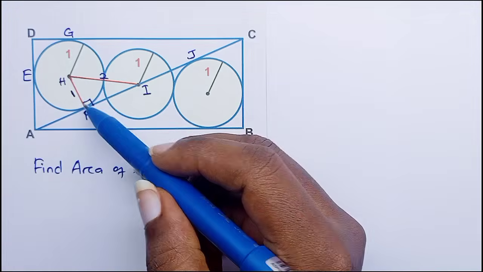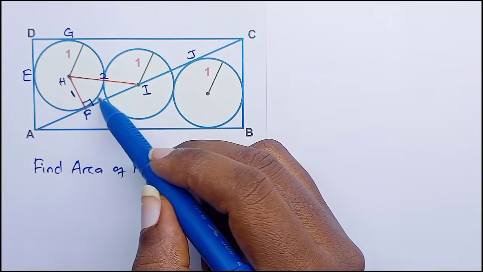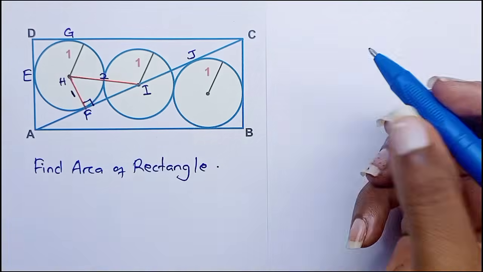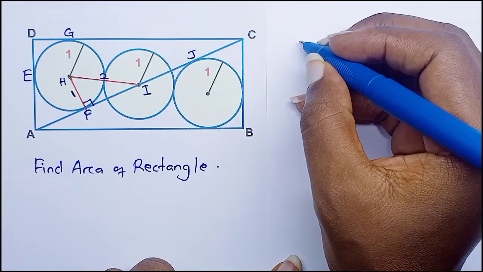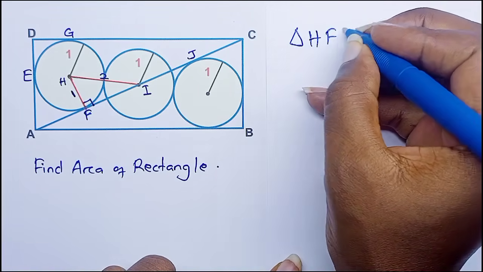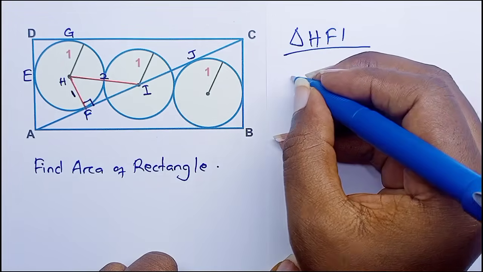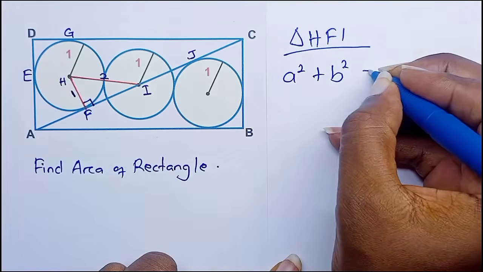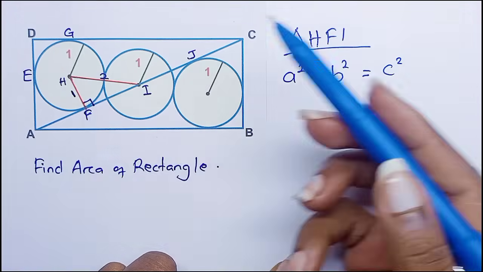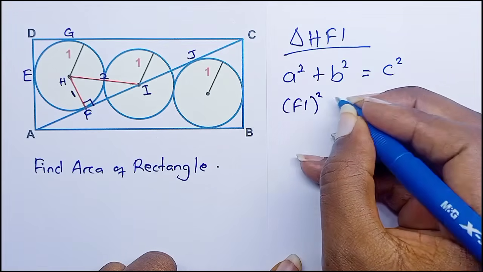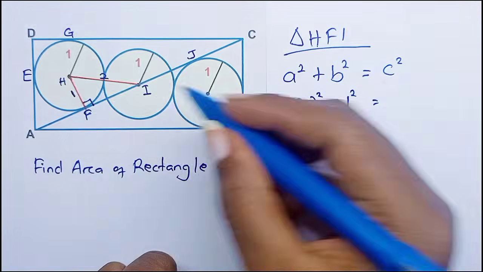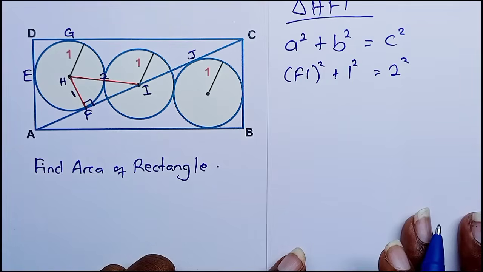So since we have this side, and remember that this is a right triangle, let us use Pythagoras theorem to find length FI. So in triangle HFI, using Pythagoras, a squared plus b squared is equal to c squared. And our a is FI, so FI squared plus our b, which is 1, is equal to our c, which is 2. So 2 squared.